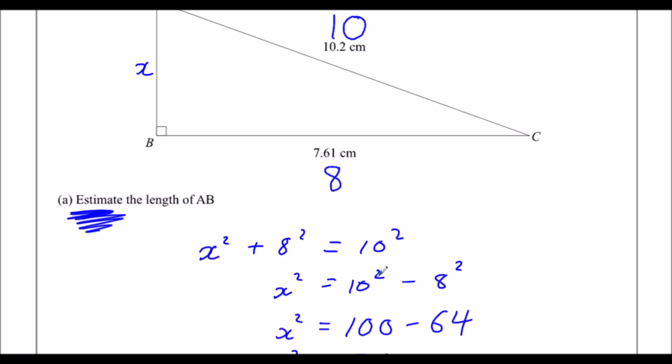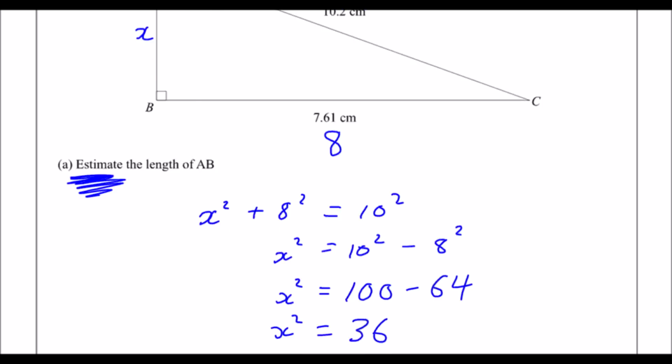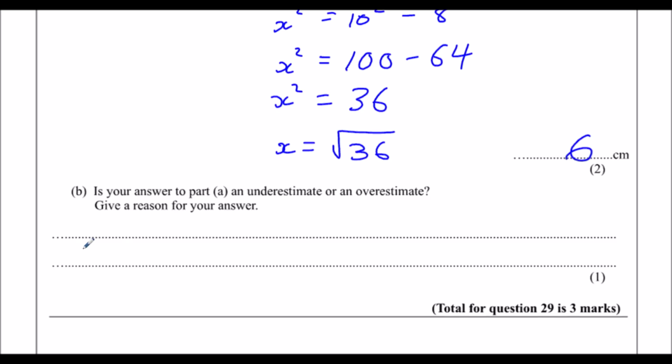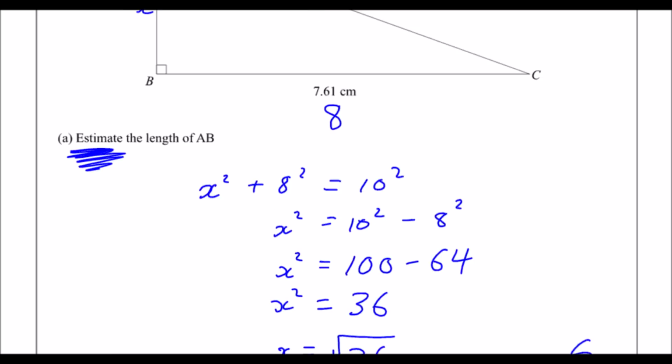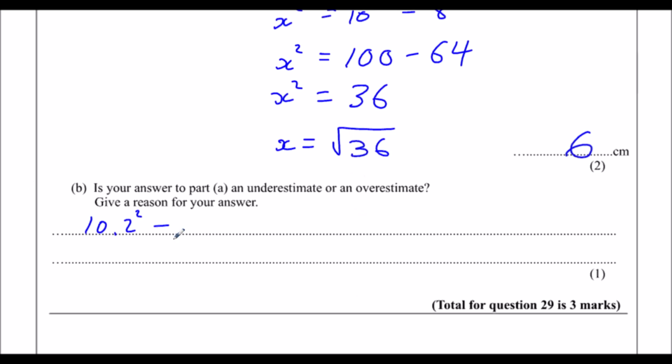So 10.2 squared take away 7.6 squared will be more than 10 squared take away 8 squared. So I'll write that 10.2 squared take away 7.6 squared will be bigger than 10 squared take away 8 squared.